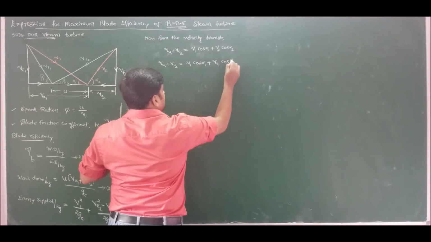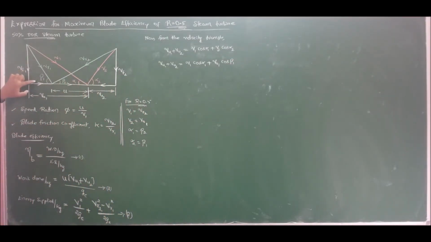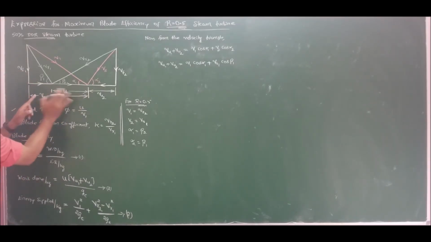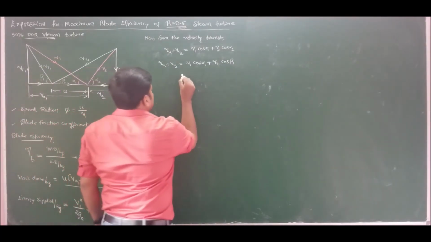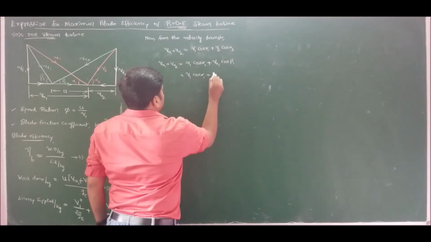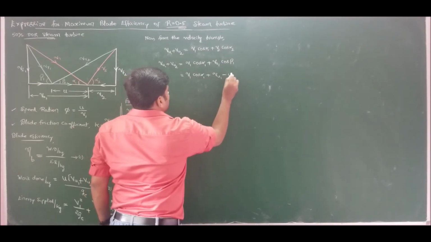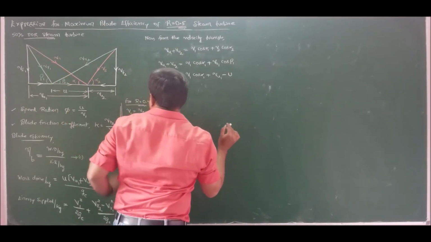Now VR1 cos beta 1 is equal to VU1 minus U. So this is further simplified as V1 cos alpha 1 plus VU1 minus U. Now VU1 is nothing but V1 cos alpha 1 again.